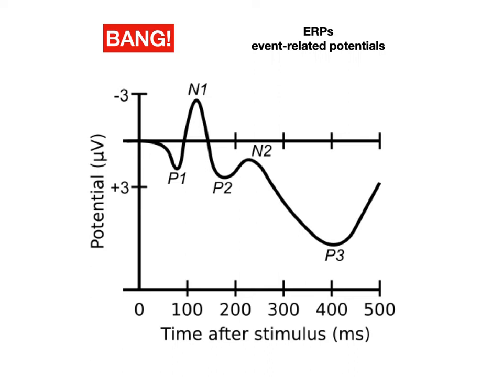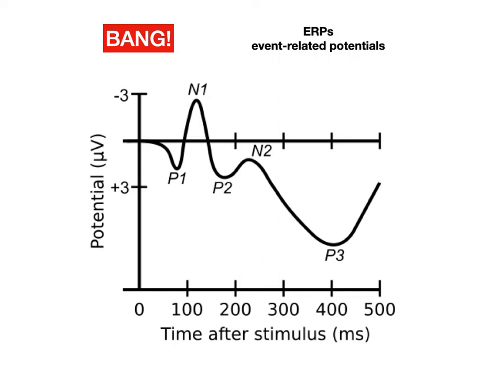Say I make a bang sound while you're sitting in the EEG, and I am trying to measure your neural activity after that bang. ERPs are that you do it a whole bunch of times and you average, and you get this wave of, oh, there's a dip, a refractory dip, and then there's a strong negative response.